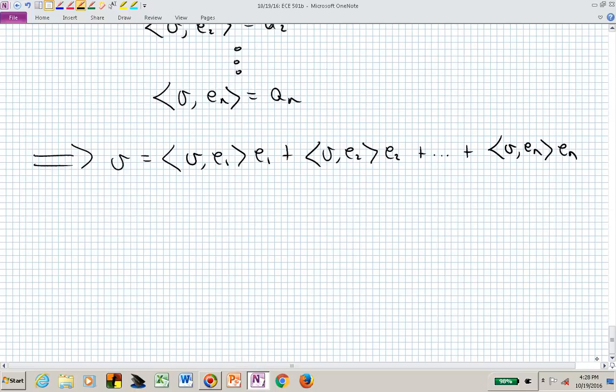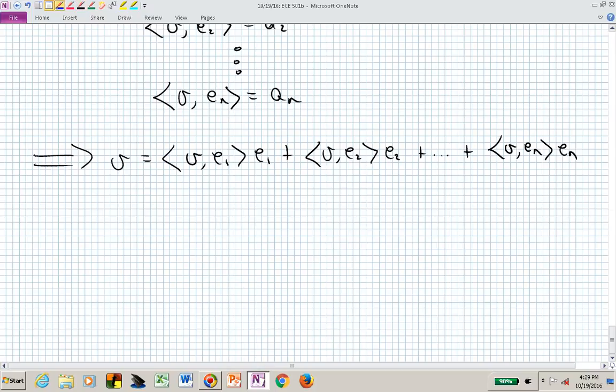Now that we have V written this way, the second half of the theorem is really just utilizing that previous proposition. It tells us about the norm squared of a linear combination of orthonormal vectors.